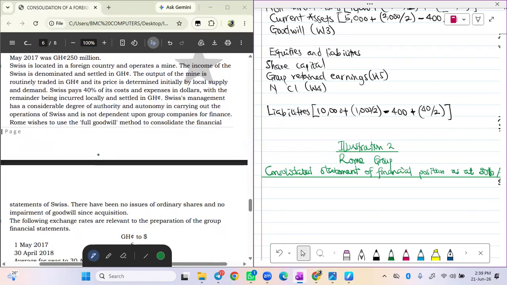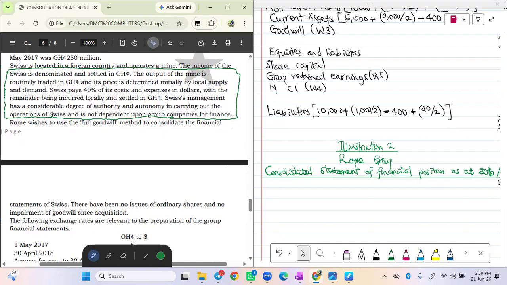Swiss pays 40% of its costs and expenses in dollars, with the remainder being incurred locally and settled in Ghana cedis. Swiss management has a considerable degree of authority and autonomy in carrying out the operation of Swiss and is not dependent upon group companies for finance.